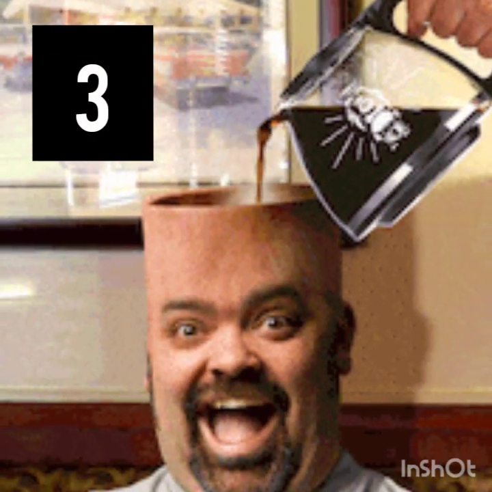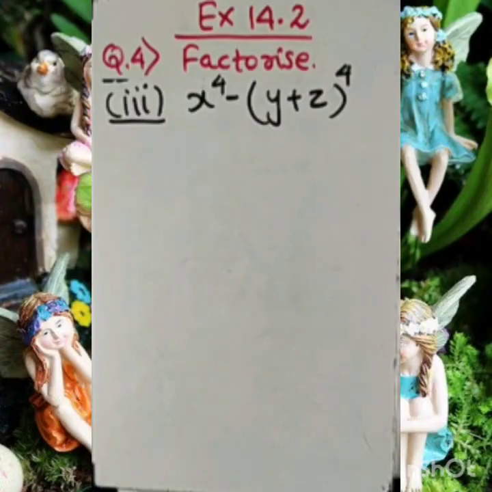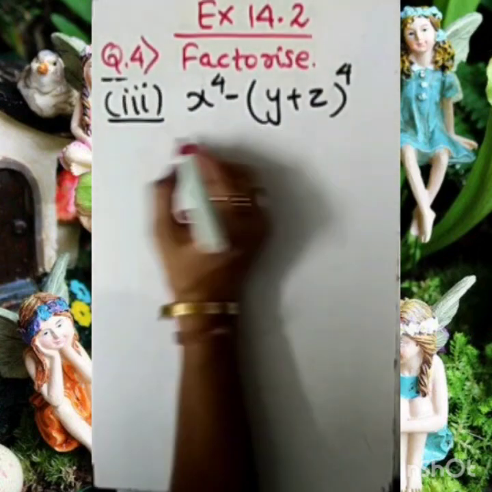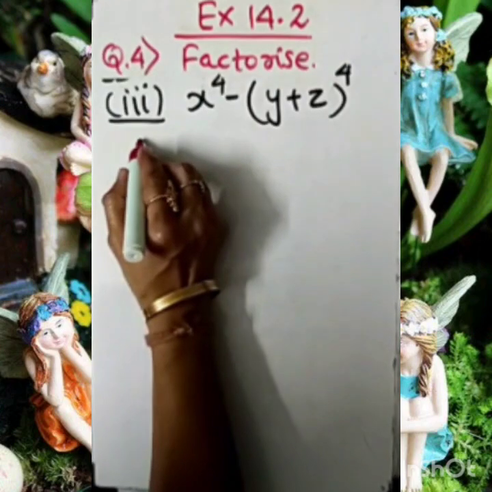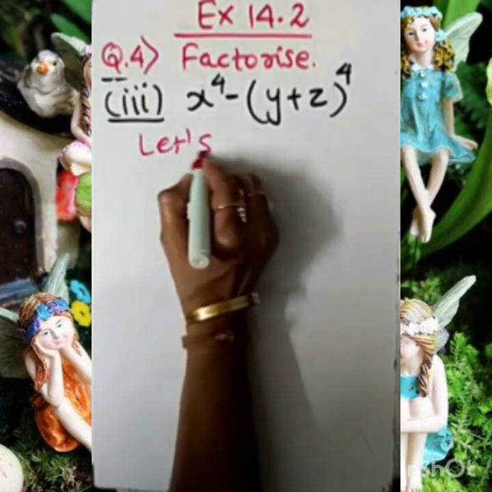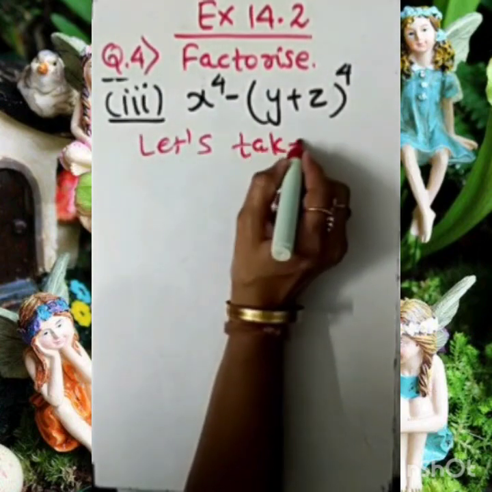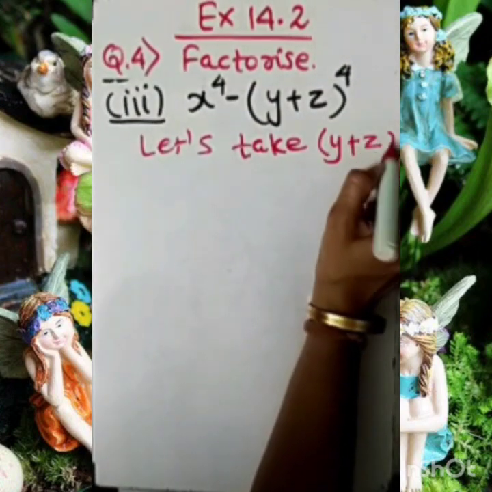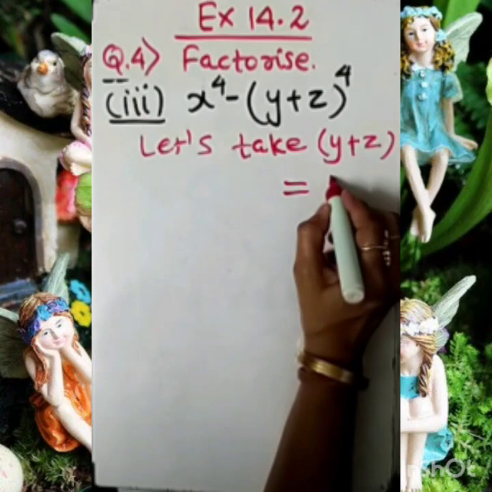So my dear student, question 4, the third one, is on your screen, that is x to the power 4 minus y plus z to the power 4. In such a case, how to simplify? To make our work easier, I am assuming, let's take y plus z, these two terms, equal to m.